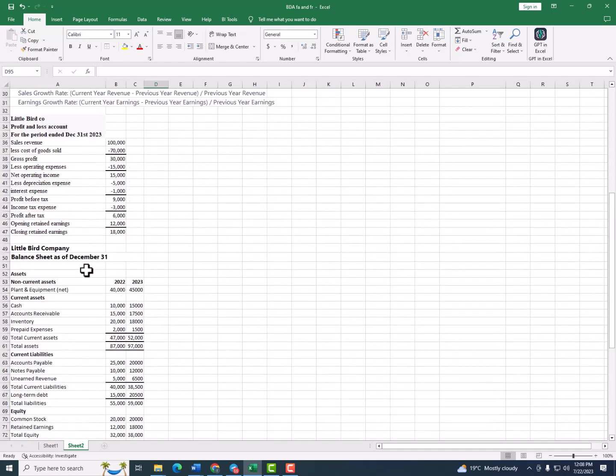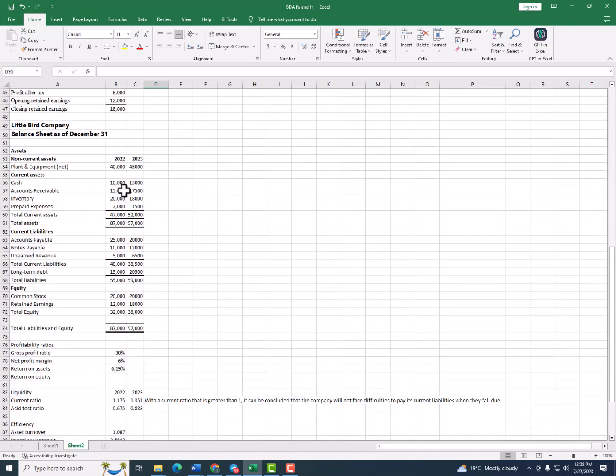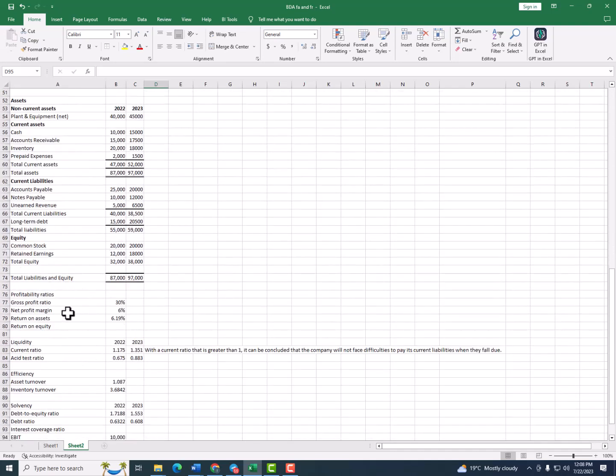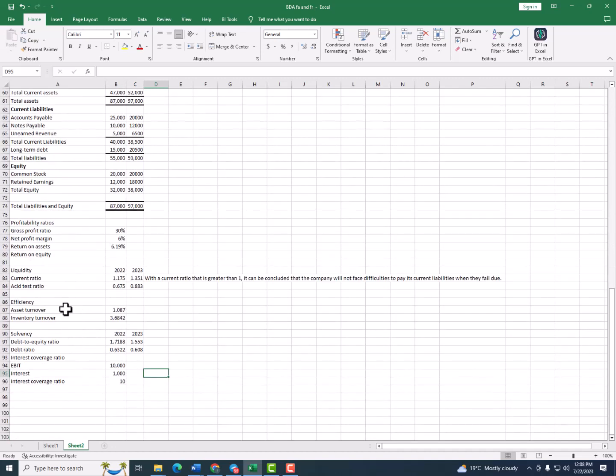So we've been able to use the financial statements provided to calculate the ratios, and not only that, we have been able to give interpretations. For profitability, you might need to compare it with a benchmark. Maybe you are provided with several benchmark companies and their profitability ratios or the average industry ratio.